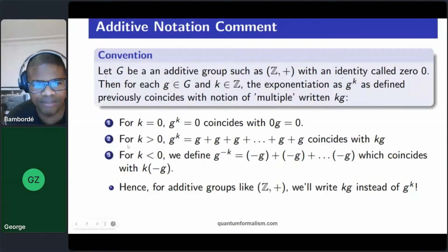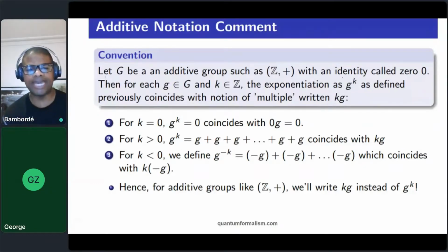And the same when k is positive: this is just doing the addition k times, which happens to coincide with the multiple kg. For example, let's say we are dealing with the additive group Z. 2 plus 2 equals 4.